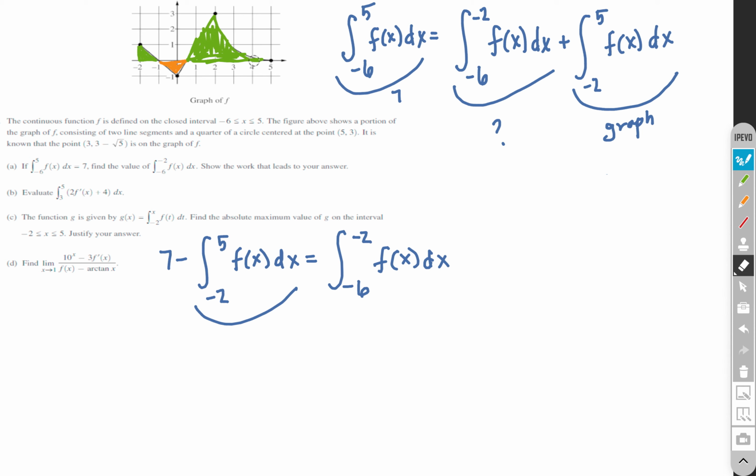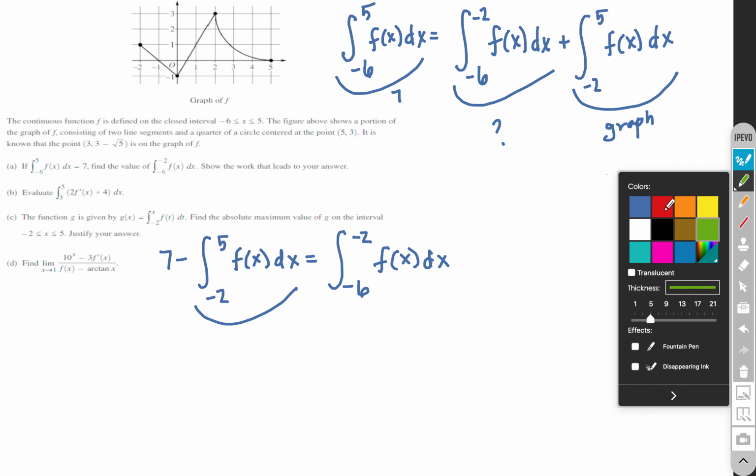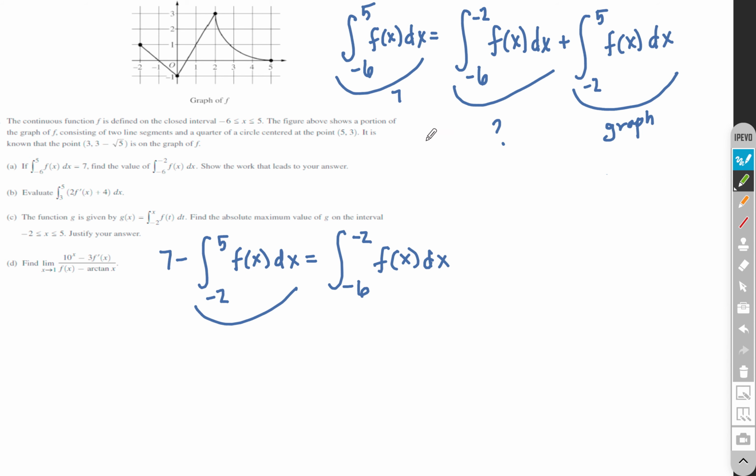So now let's start breaking it up and figuring out what that area is. What's great about this problem and this graph is that the area here we can calculate just by using geometry. If you look at this little piece right here, this is just a triangle, not a rectangle.